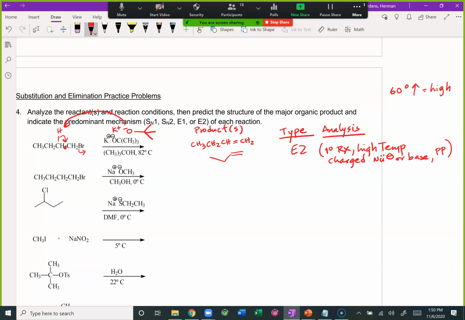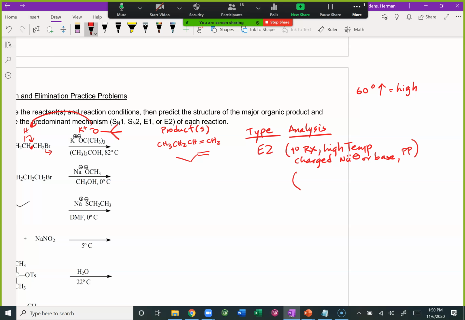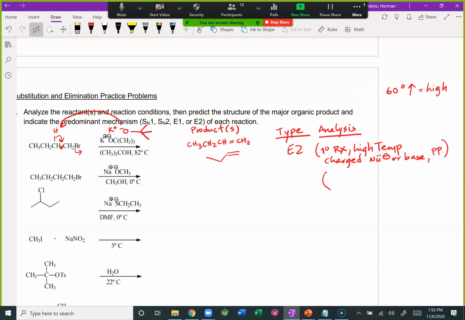If you just give me 1 minute, we can try to solve the next one. So let's do the analysis on the next one. What do we have? We have a primary alkyl halide again, primary RX. High or low temperature? Low temperature, cold. Low temp is good.